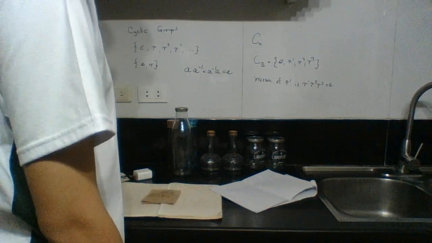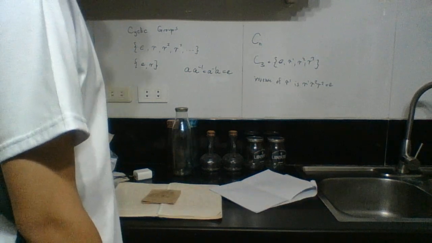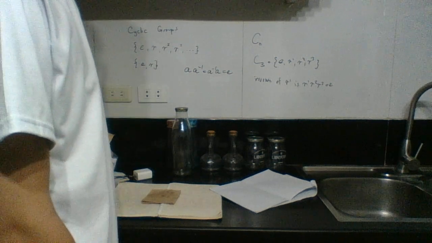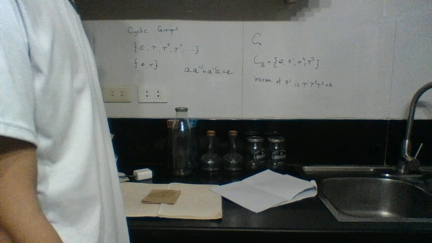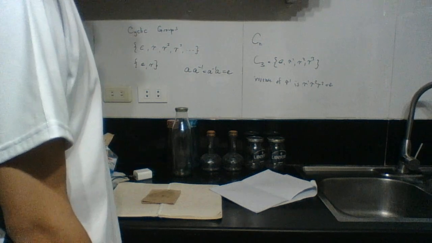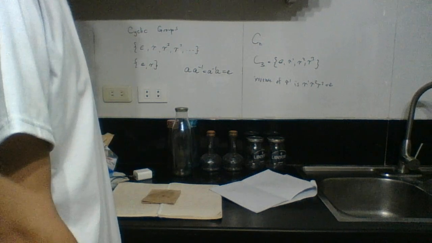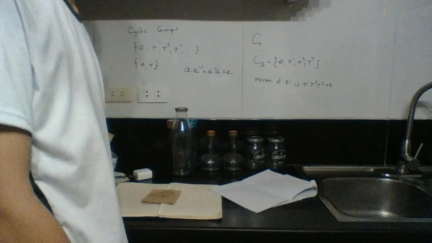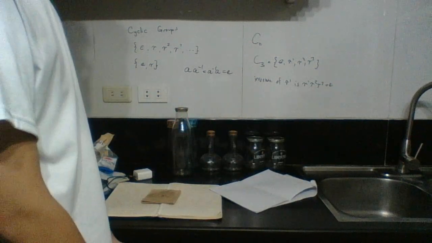But how do we show that Z mod n is precisely a cyclic group? I mean, every element is already there. They have their own additive inverse.